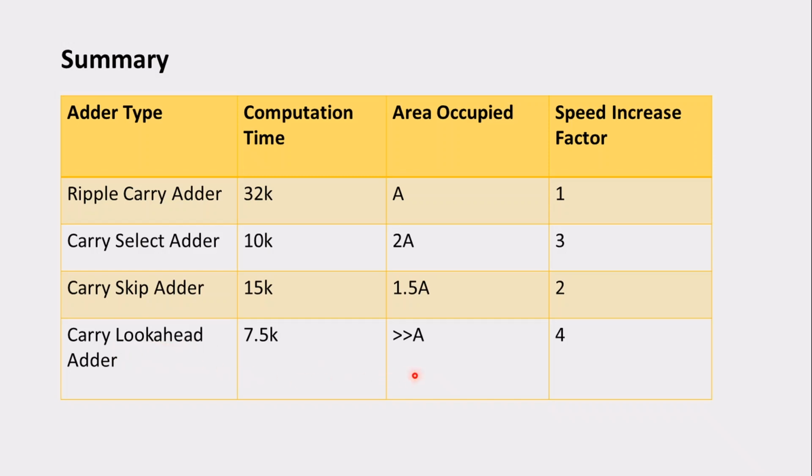Since we have much more speed here, we need to suffer with the area. Based on this, we can tell that our carry look ahead adder is somewhat faster compared with the different adders we had seen. In the look ahead adder, we compute our carry and our sum simultaneously, in parallel.